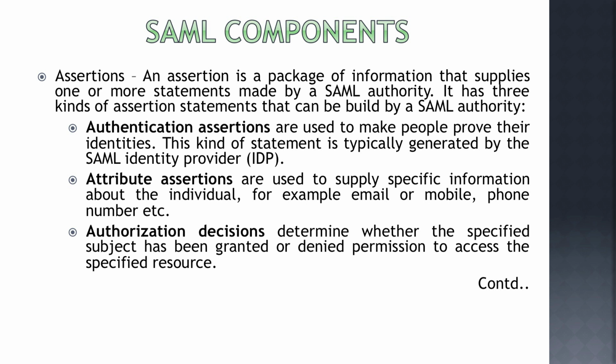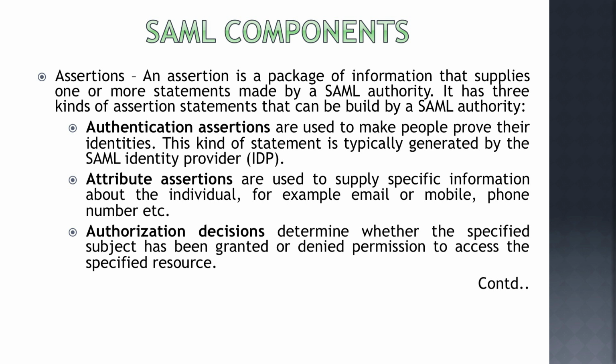This kind of statement is typically generated by the SAML identity provider, that is IDP. Second is the attribute assertion, which is used to supply specific information about the person, for example their phone number or email address. Third is the authorization decision, which determines whether the specified subject has been granted or denied permission to access the specified resources.